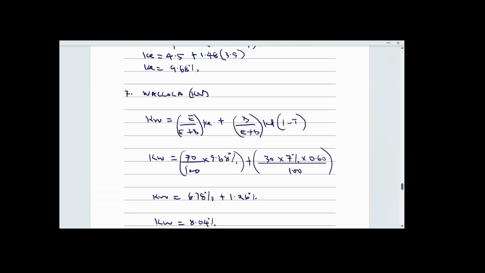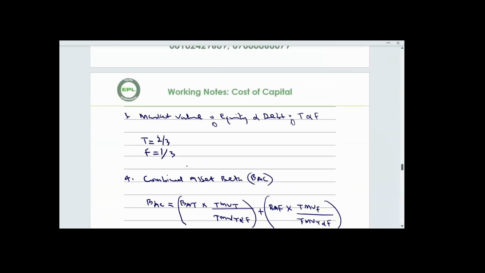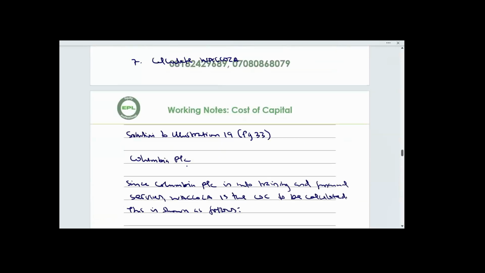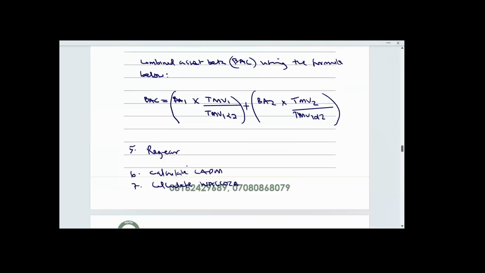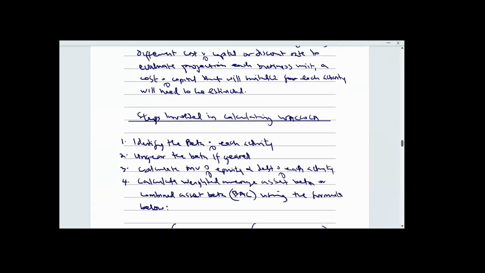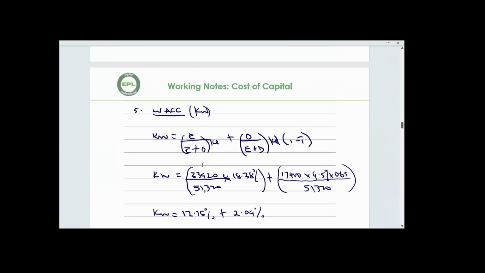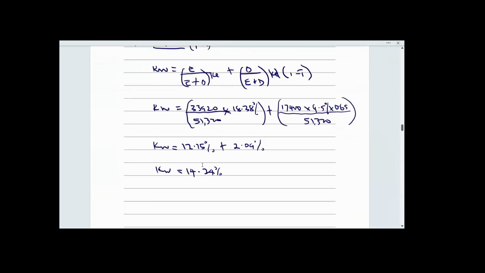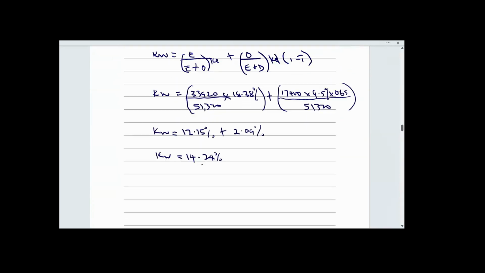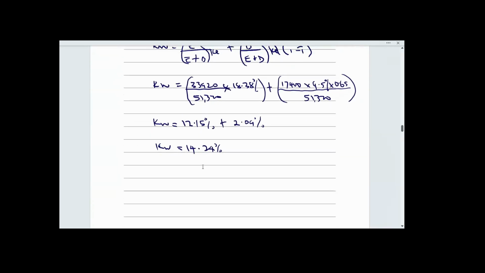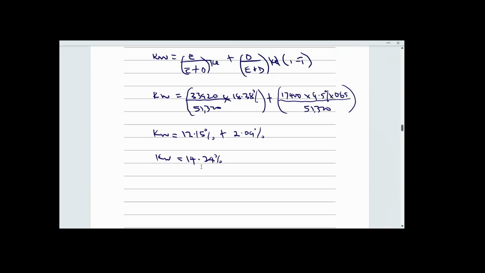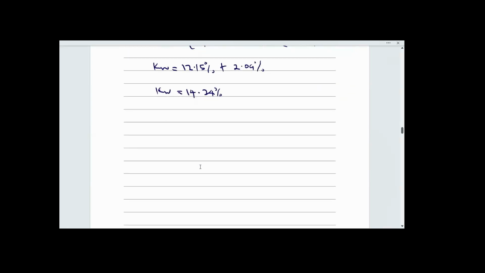I'm not sure. The first one we solved on project specific, we did the same thing like that. Let me check. If not, okay, I didn't state it. So that's for your own understanding, so that you don't struggle on how we got it. Let me put it here. The cost of debt of 9.5.